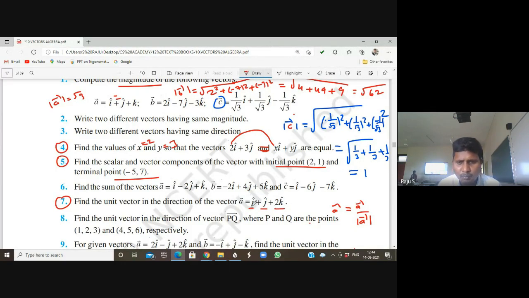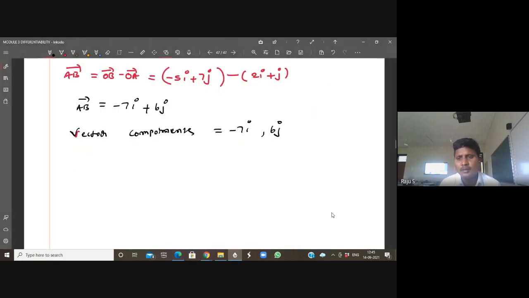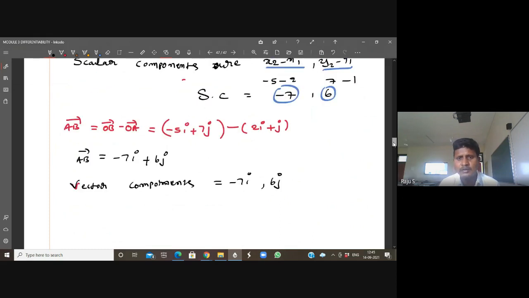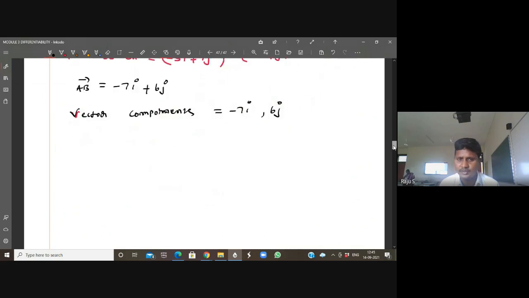What are the scalar components here? 1, 1, 2. What are the vector components? i separately, j separately, 2k: i comma j comma 2k. Like that we can write. So the scalar and vector components are clearly minus 7 comma 6 and minus 7i comma 6j respectively.